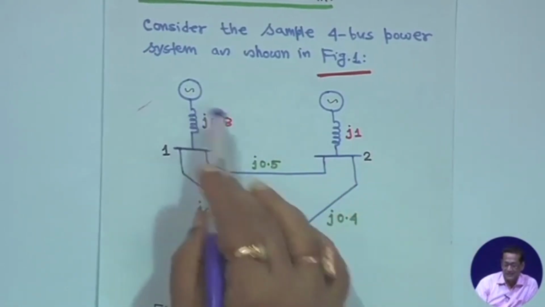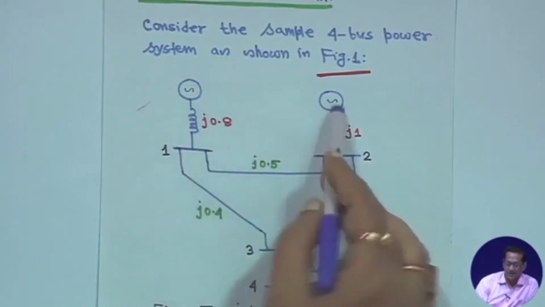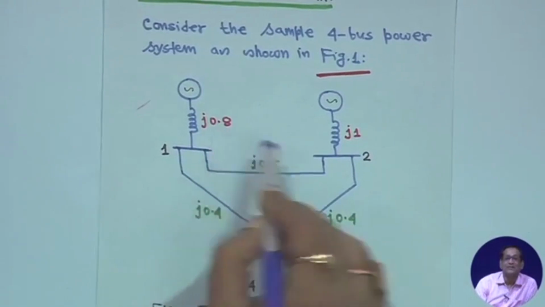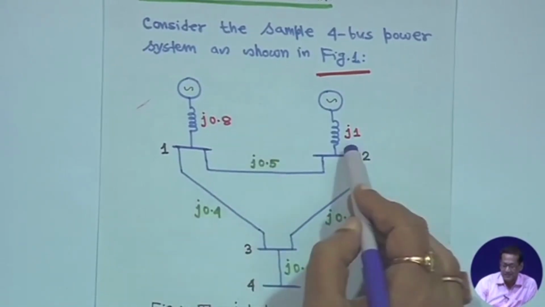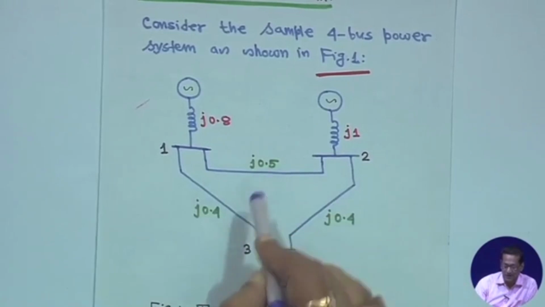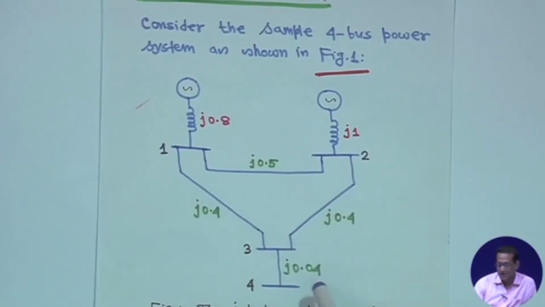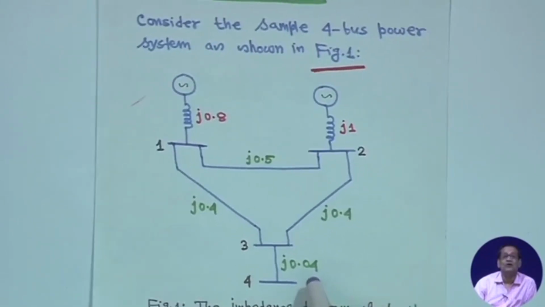So, this is generator 1, generator 2, and this is j0.8, everything you assume is in per unit. This is j1 for line 1 to 2, j0.5, j0.4, j0.4, and line 3 to 4 is j0.04.